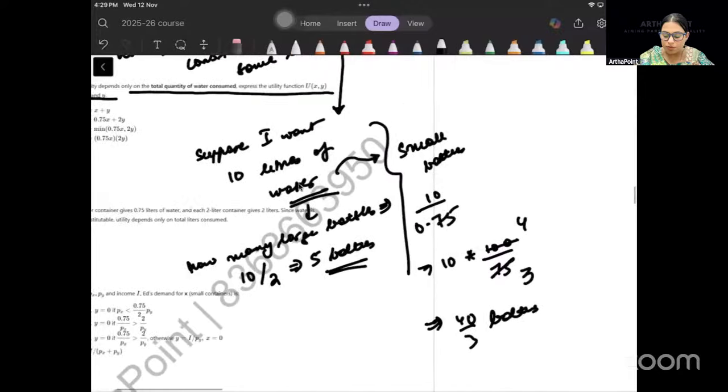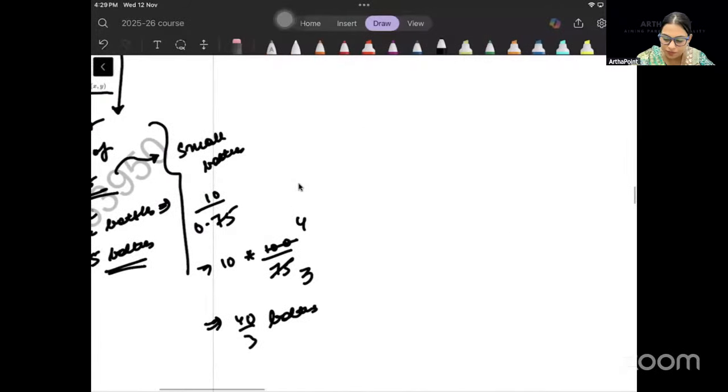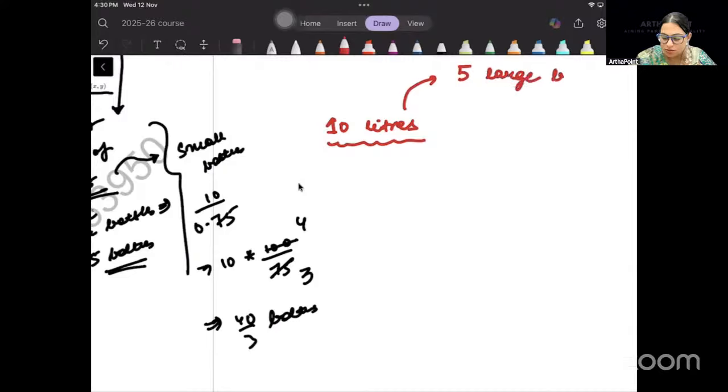So we understand that I'm only concerned with total water, nothing else matters to me. I need 10 liters of water. So I understand that these 10 liters of water I can get through 5 large bottles or through 40 by 3 small bottles.